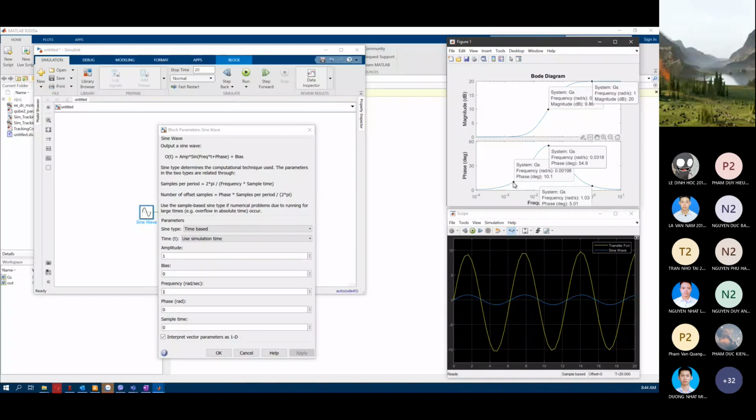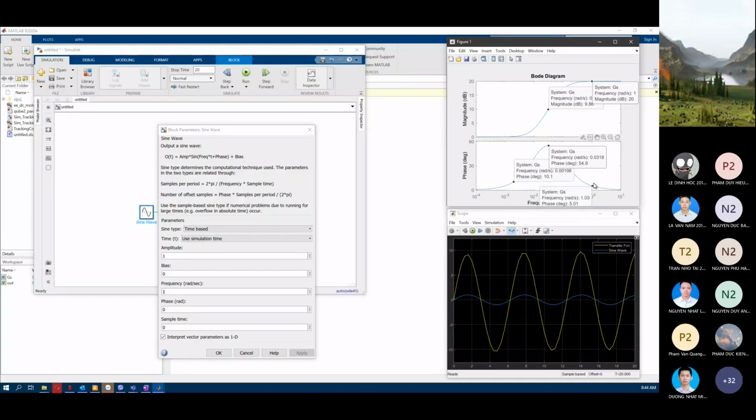At the low frequency, the input and the output have the same amplitude, but the phase is about 10 degrees. And at the highest point, around this point, the input and output magnitudes differ by about 3 times, as someone here calculated, and then the phase is about 55 degrees. And when the frequency goes higher, we come back again.